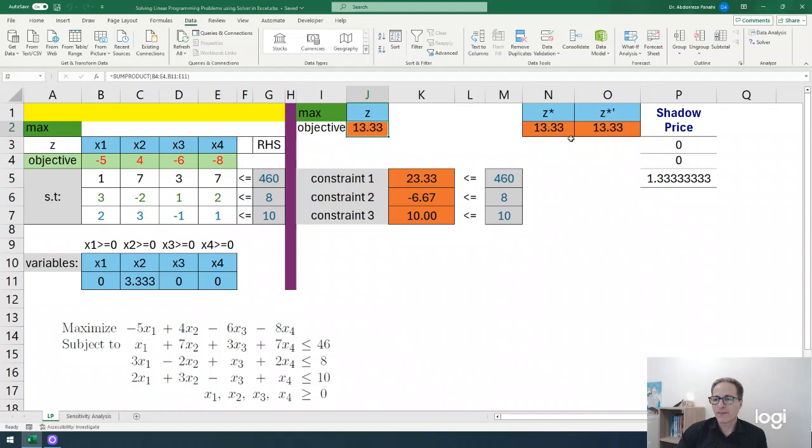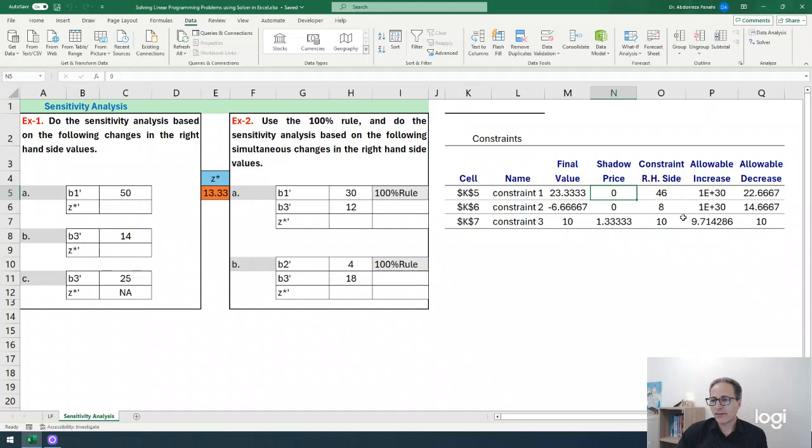as Z star. So shadow price 0 means that, only if you are in the allowable range. For example, if we look at the first variable, it can decrease up to 22.6. Imagine we decrease by 25 units, or 26 units, let's say 26 units. 46 minus 26, it becomes 20.